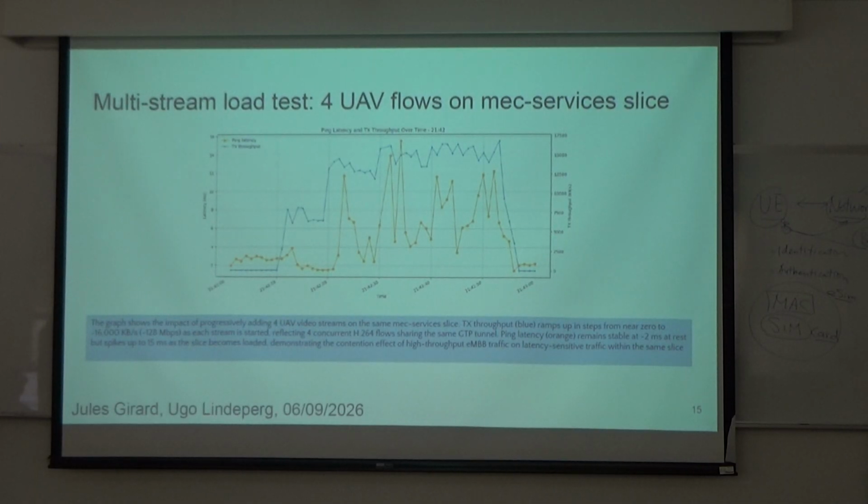At the beginning, there is no stream, so there is approximately 0 bytes per second. Then we start the first one, then 4 streams, and we can see that with 4 streams the latency is very high. So there is a big impact on the latency.